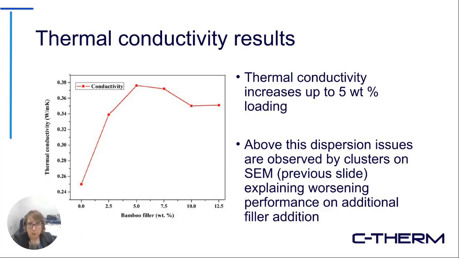So this data was collected using the modified transient plane source method, or MTPS method. Again, this method is available on Trident, and it's very popular for this kind of R&D work because you only require a single specimen, and the test can be conducted in a single-sided manner.